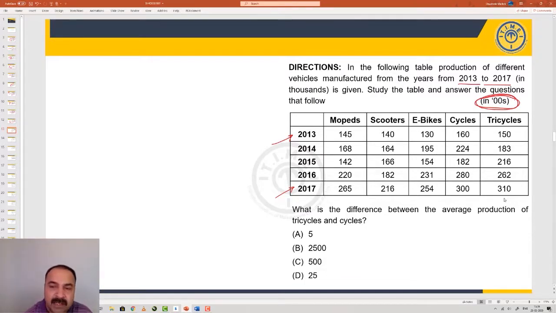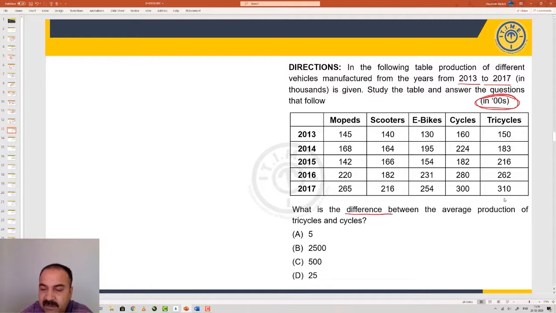So this data that you have about mopeds, scooters, e-bikes is in hundreds. For example, in 2013, 145 mopeds were not manufactured, 145,000. That means it is 14,500 mopeds which were manufactured because each data is in hundreds. So therefore, we'll keep an eye on any silly mistake which might happen because of ignoring that 100.